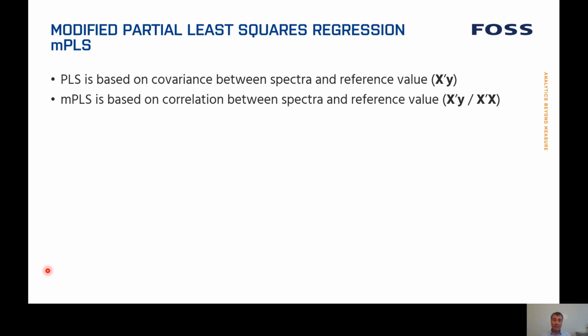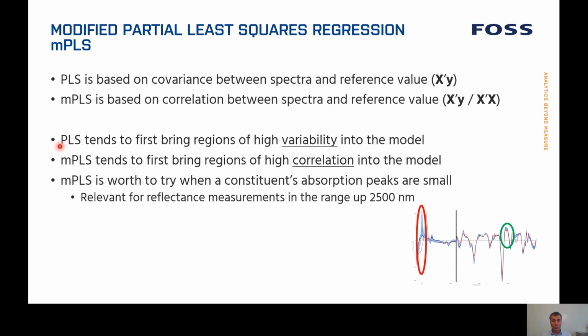So this will bring in these regions of interest in a more efficient way. So what we say is that PLS tends to bring regions of high variability into the model, while MPLS first brings regions of high correlation into the model. So it's for sure worthwhile trying MPLS, specifically if you have small peaks for a given constituent. It can be easier to catch these variations by the MPLS method.